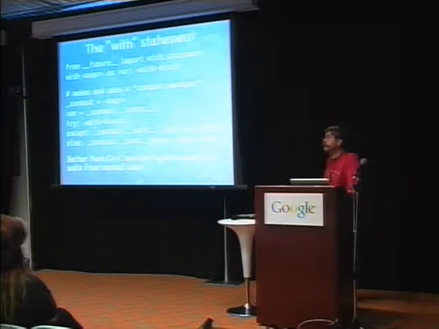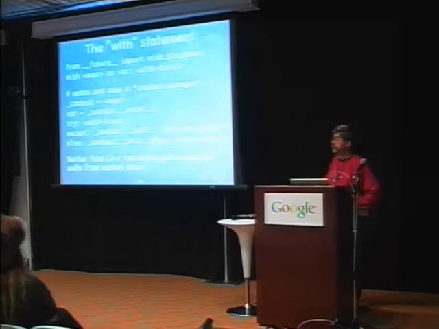And then the with block is executed in what amounts to the same thing as the try clause of a try except else statement. Note I'm using a try except else and not a try finally. Why? Well, because it makes a difference whether the with block terminates normally or not, because a special method called exit gets called on the context manager, but it gets called differently depending on whether the termination was normal or exceptional.